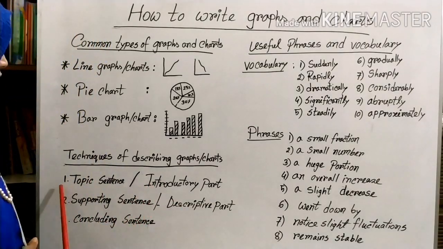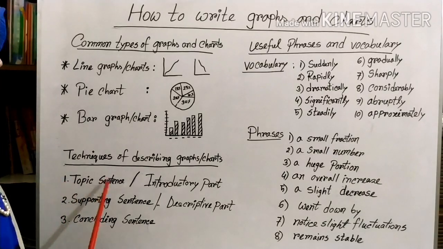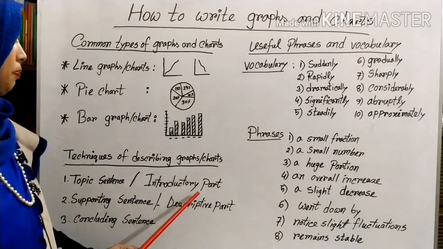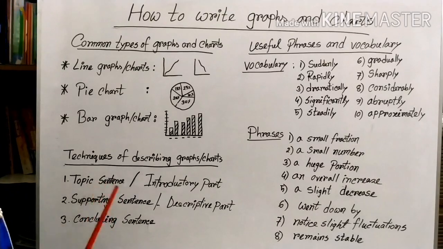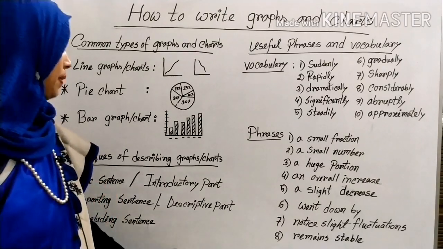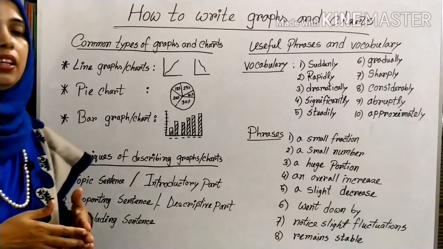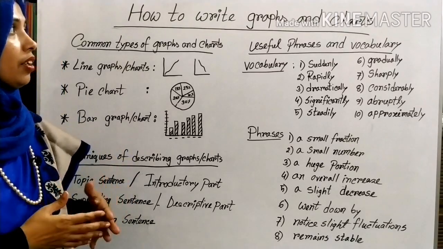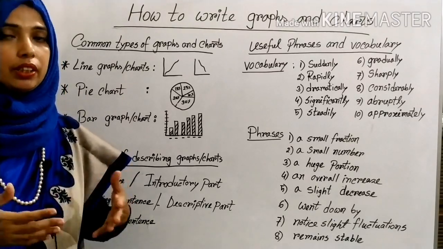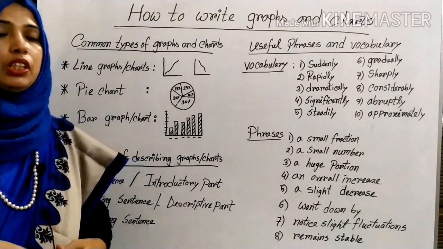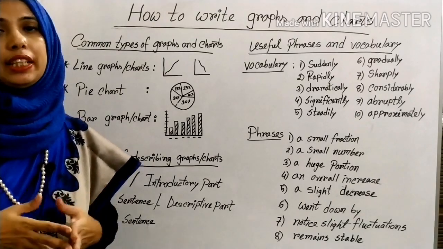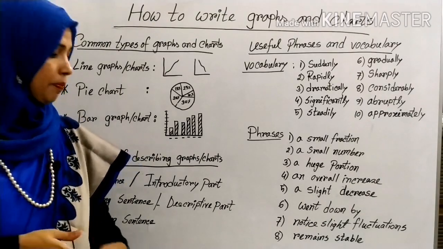For the first point, you can see topic sentence or introductory part. For this point, you have to present an overall idea about the whole graph or chart with the given information within 1 or 2 sentences. Okay?